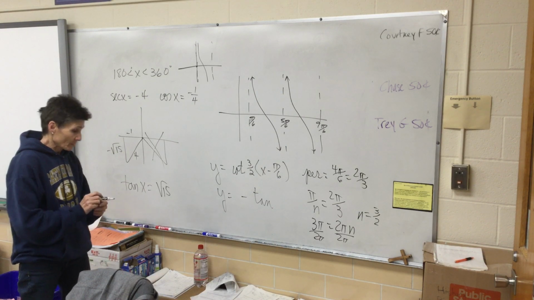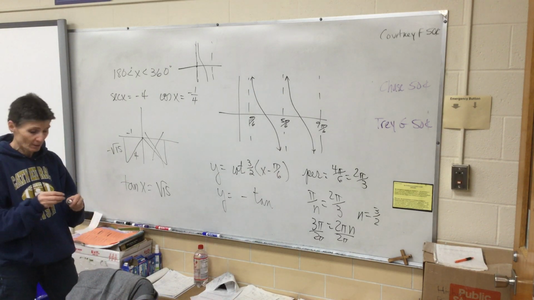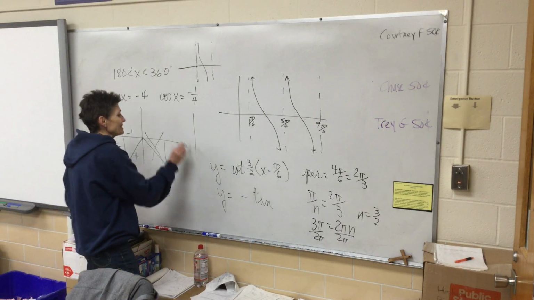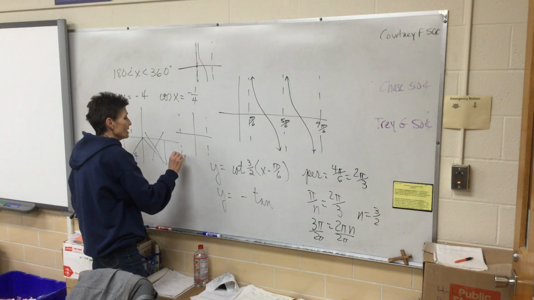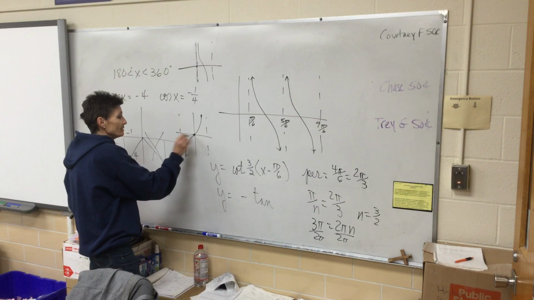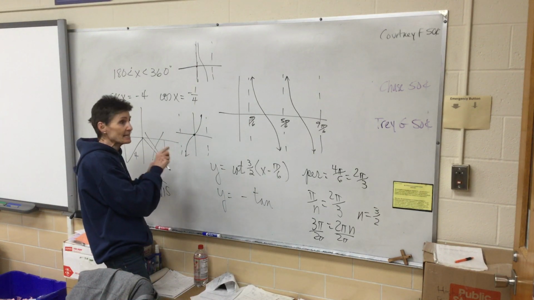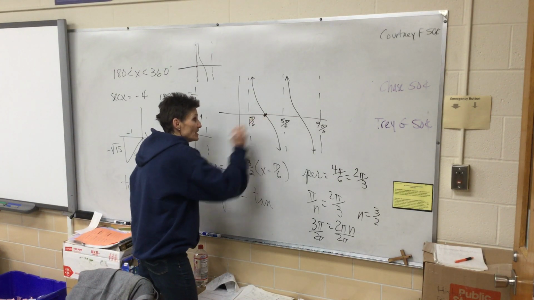Now, you have to be careful if you're thinking about this as a tangent, because in a tangent, remember, the origin is the intercept, is the dot. So if this is a tangent, this is our phase shift.